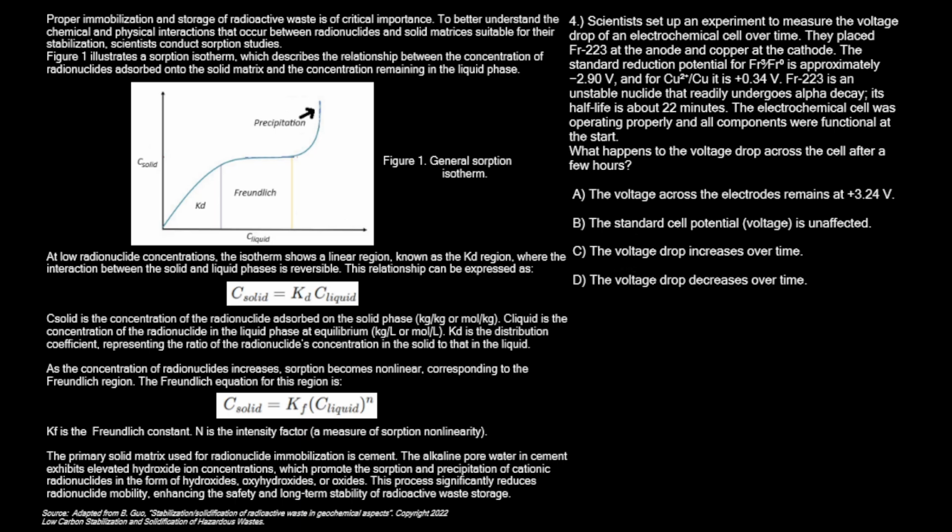Option A, the voltage across the electrodes remains at positive 3.24 volts. Option B, the standard cell potential or voltage is unaffected. Option C, the voltage drop increases over time. Or option D, the voltage drop decreases over time.